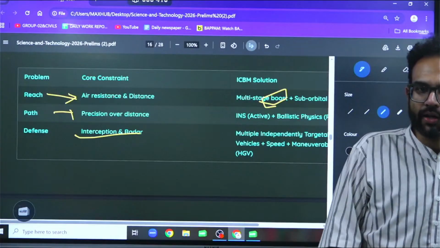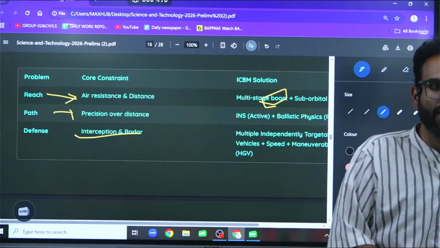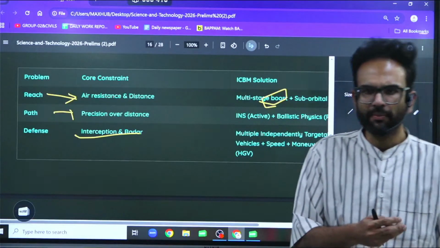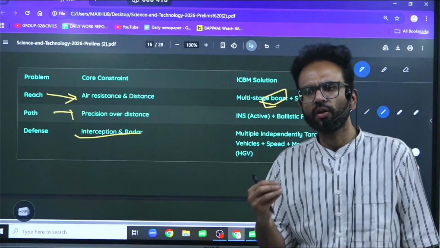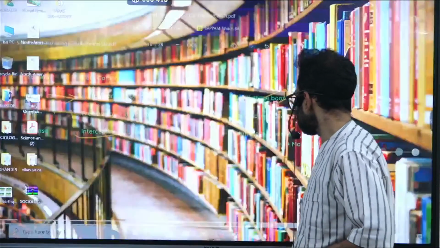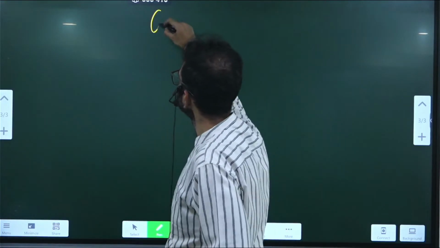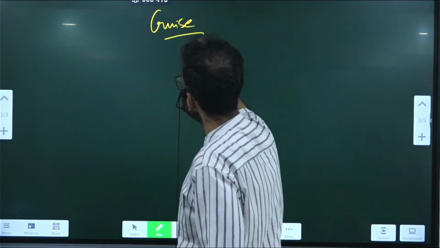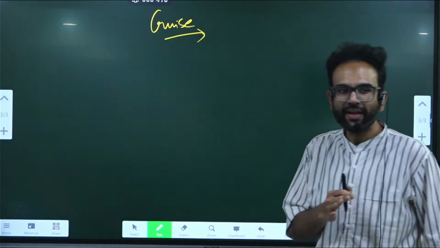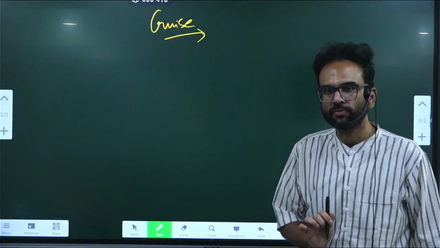So before we talk about the lethal aspects of an advanced ICBM, let me briefly explain cruise control. What do you mean by cruise control? This means moving very quickly, not in a predictable path, but an exact path.